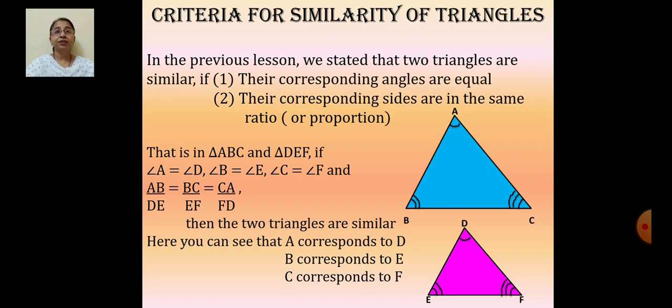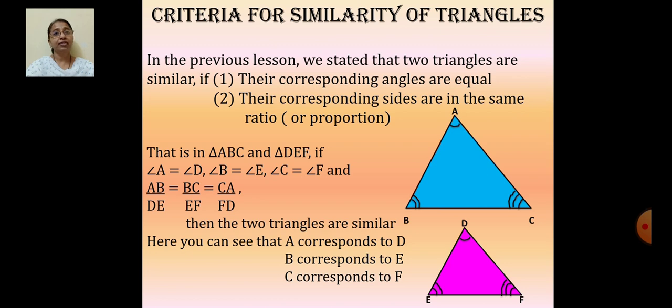If the given triangles satisfy these six pairs of corresponding parts, then we can say that the triangles are similar. From the diagram, we can say that vertex A corresponds to vertex D, vertex B corresponds to E, and vertex C corresponds to F.